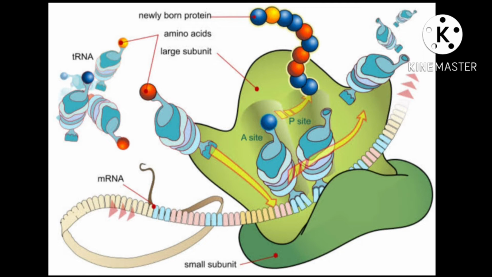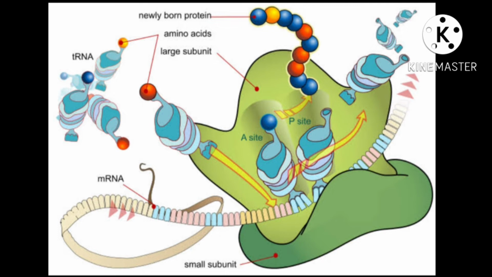So the 5S stays at the top position as the molecular weight is low, and then the 28S is going to settle at the very bottom, and the 16S settles in the middle. So depending on the molecular weight, we name these as 5S, 28S or 16S.